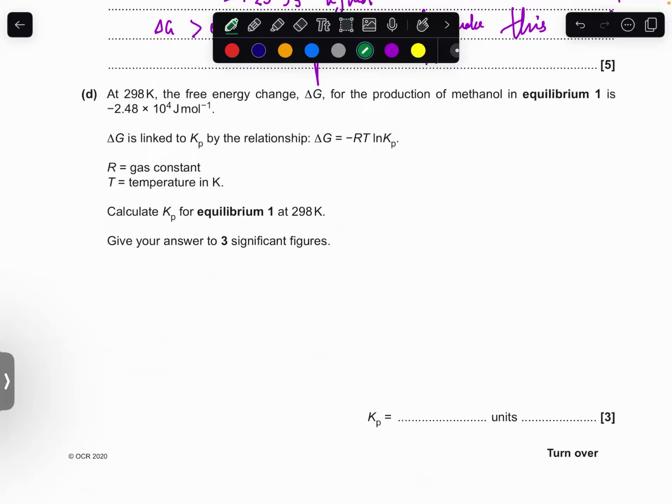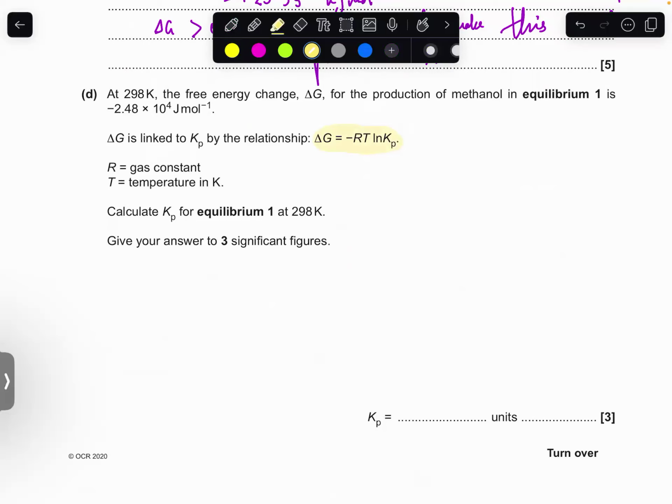At this temperature, the free energy change for the production of methanol is given. At this temperature, delta G is linked to Kp by the relationship. Oh my goodness, we have never seen this expression before. I don't remember ever teaching this in class.